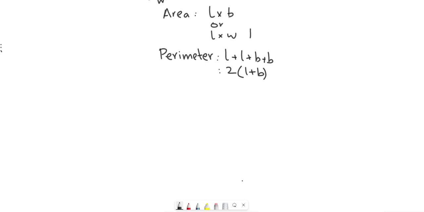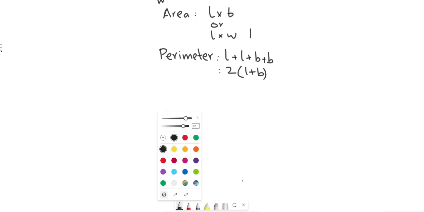The reason why we are drawing it here is it will help us understand the question more. Okay, so they say that a path 4 meter wide runs around the inside of a square park of side 80 meter. So there is a square park whose sides are of 80-meter length. Okay, no problem. Let's see.